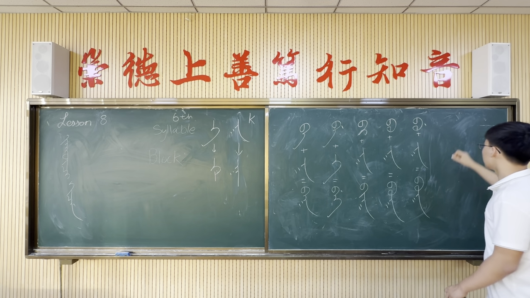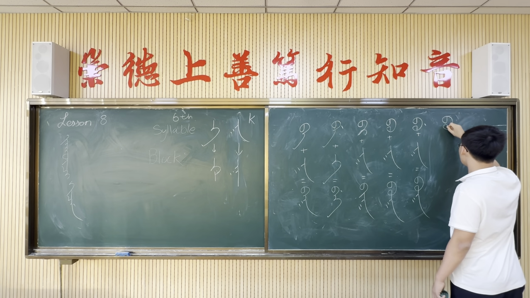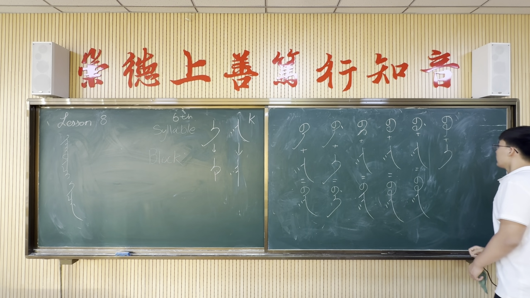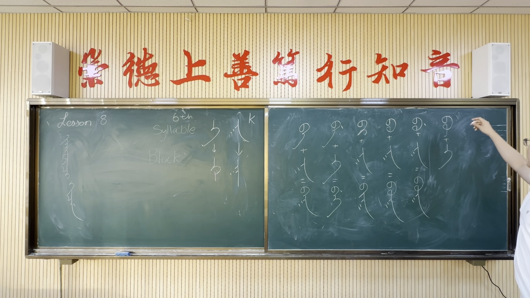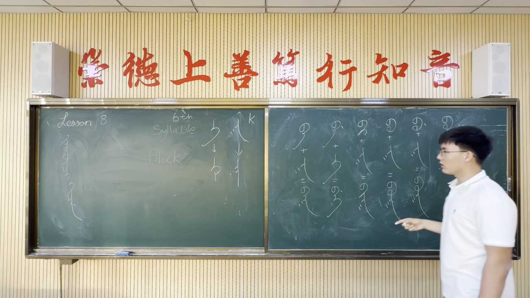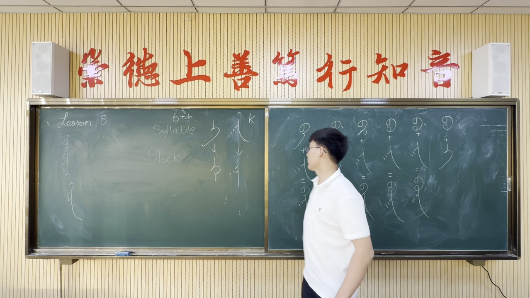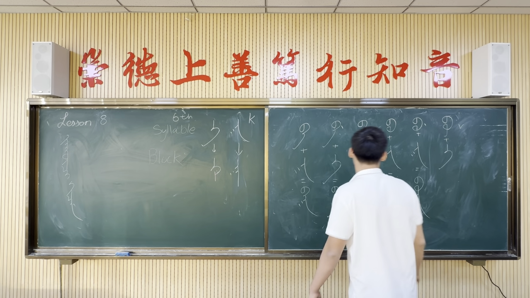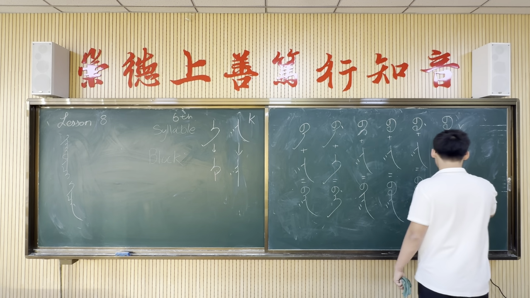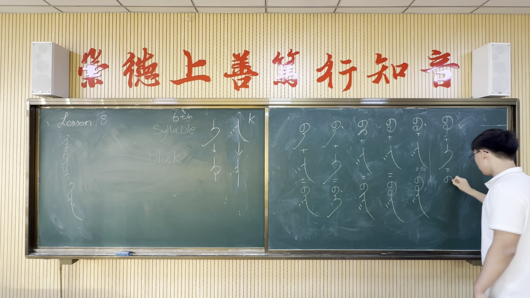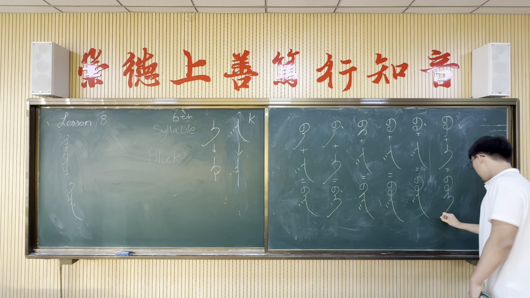Then we have bo plus k. Now again, I'm going to reiterate this because bo ends with a v, the sixth syllable will look like this instead of the normal two dots version. So the script will change. So walk.